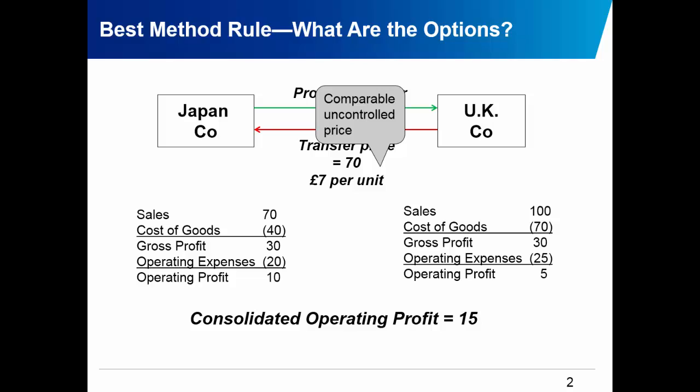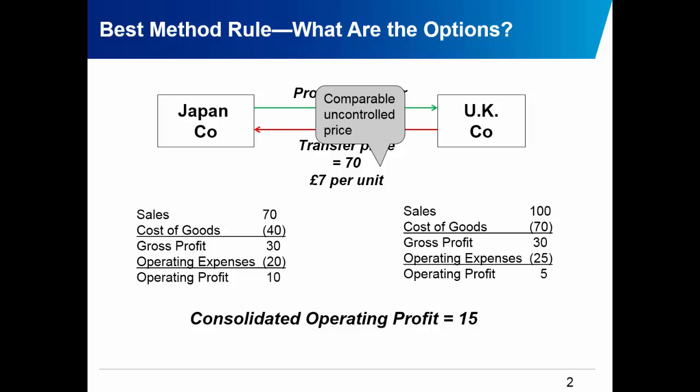I will try to look on the market whether I can find a comparable transaction, comparable product, comparable seller, comparable buyer. And if I can prove that these products are sold at more or less 7 per unit, then I can prove that my transaction is respecting the arm's length principle.